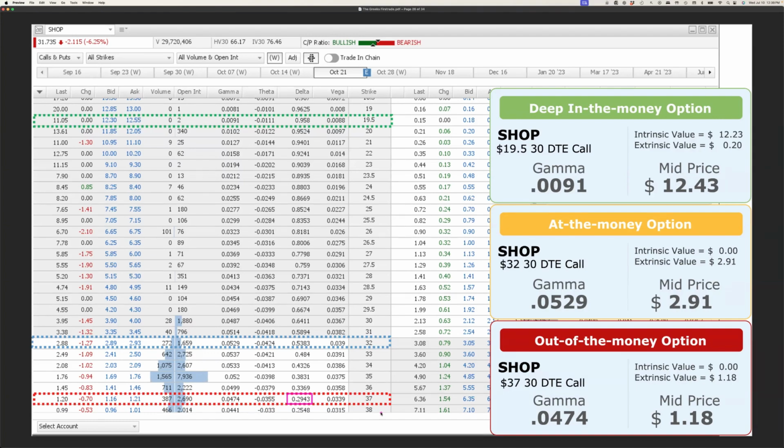As it goes in your favor, it presses the accelerator down and gives you more and more leverage. And as the trade goes against you, it's the brake and it decreases the amount of leverage that you have in the underlying security or in the option that you have. So that's another way to think about gamma.